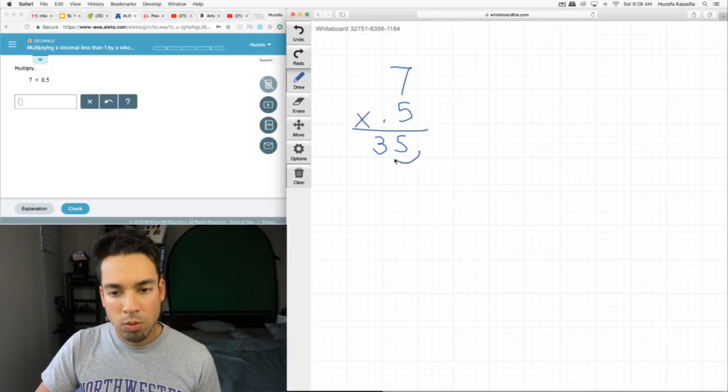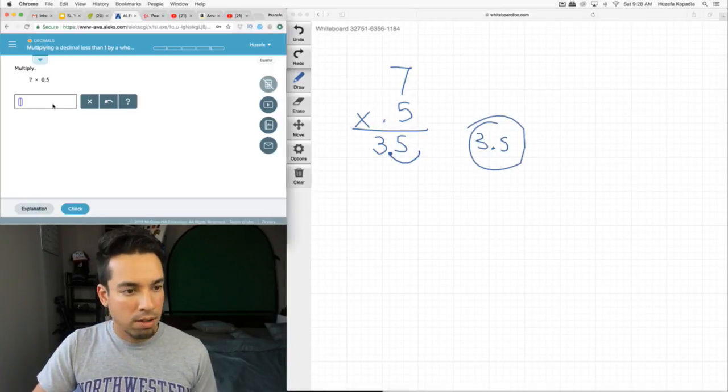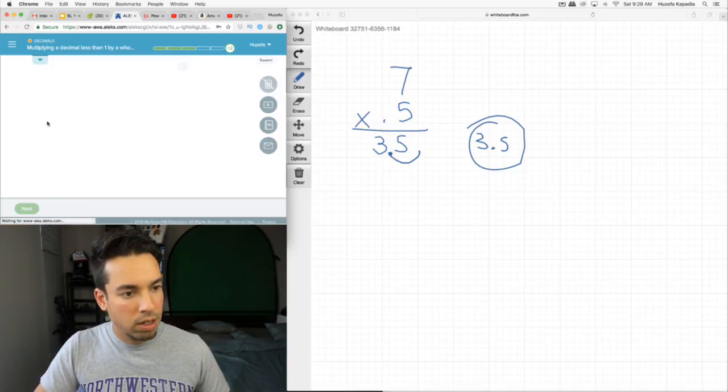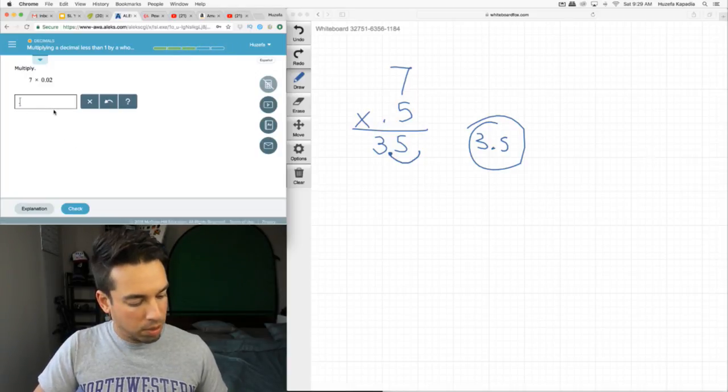Therefore, we move the decimal 1 spot to the left. And the final answer is 3.5. Boom. All right, let's knock out the next 2 of these. This would be 0.86, and that's just doubling 0.43. And this would be 0.14.